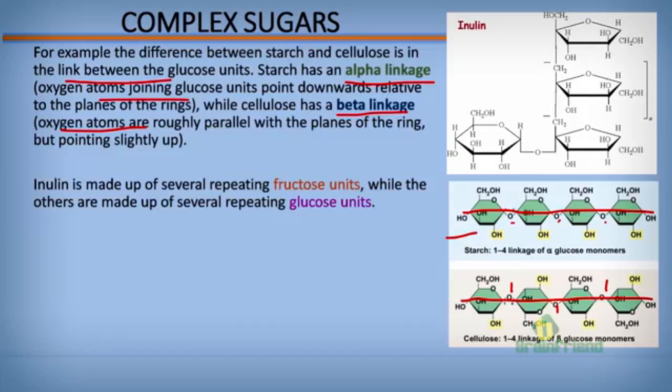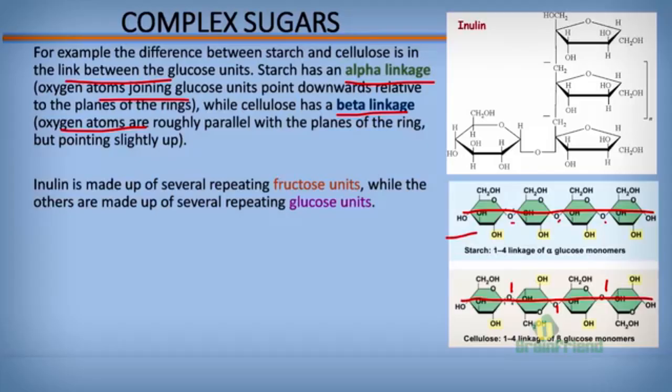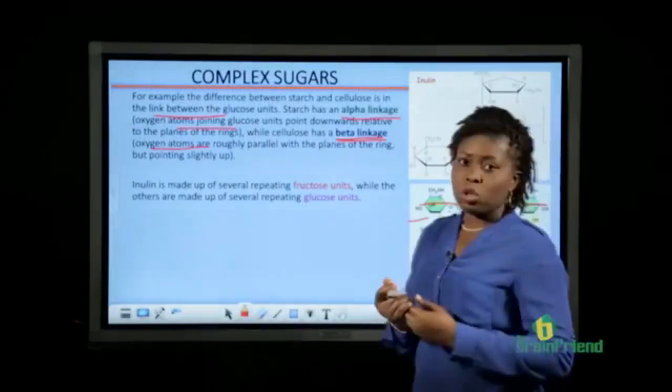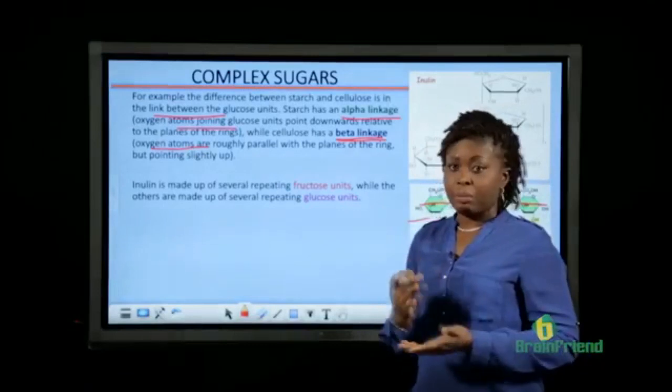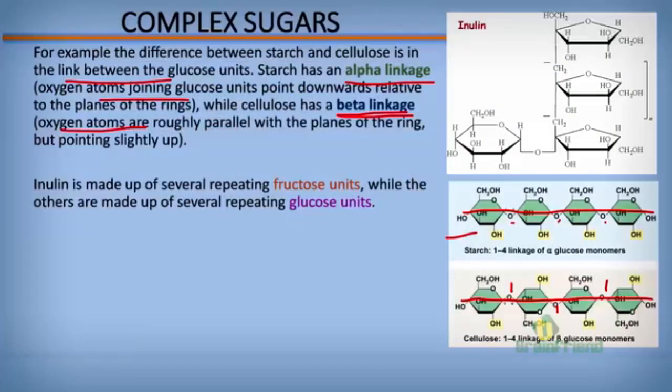So the linkages between the glucose molecules are parallel to the planes of the ring, and such linkage is what we call a beta linkage. I hope you understand what we mean by alpha and beta linkage from these explanations. So that's the difference between starch and cellulose.